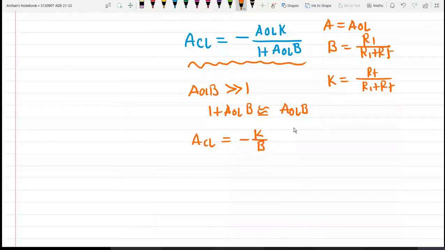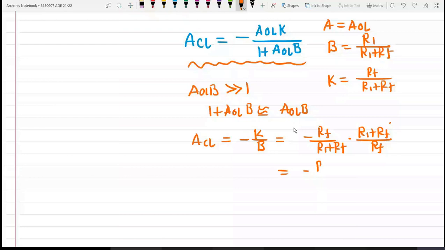K is equal to RF by R1 plus RF, and B is equal to R1 by R1 plus RF. So this term will get cancelled out, and finally we will be left with minus RF by R1.